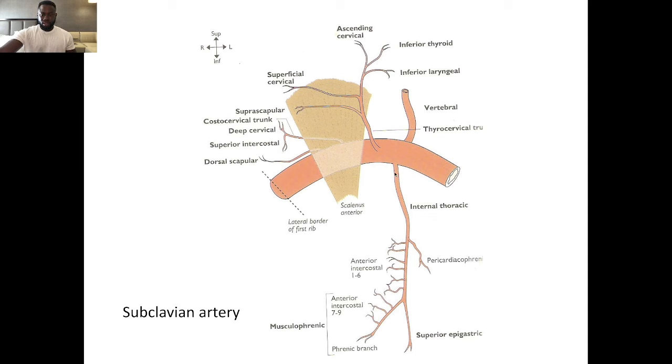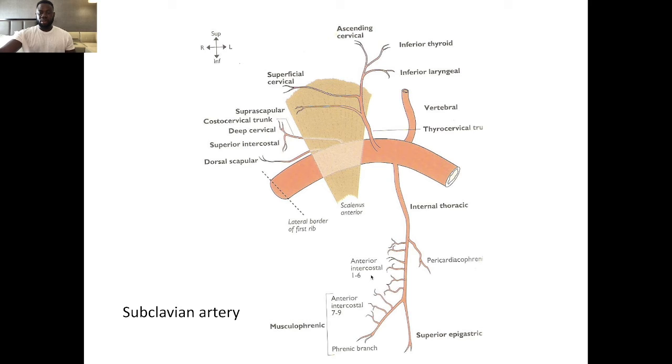Now, the next branch is the internal thoracic branch. This internal thoracic rounds this way, anterior to the chest on both sides, and as it goes down, it's going to give us the pericardiophrenic artery, and it also gives us the anterior intercostals 1 to 6.